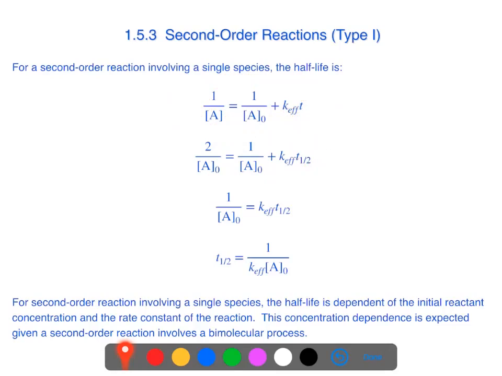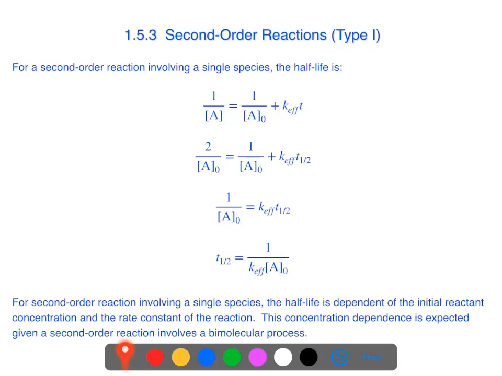In carrying out a bit of a rearrangement, we end up with the following expression, where the half-life of this reaction is equal to 1 over K effective times the initial concentration of A.